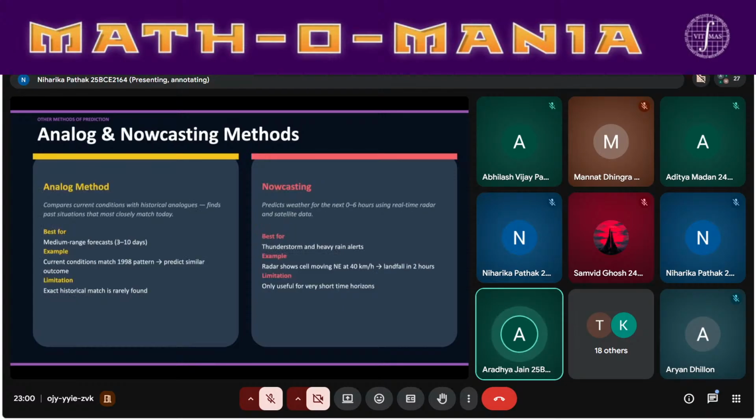There are a few more, like the analog method. Now, this compares the current conditions with historical analogs. What the method does is it finds past situations that most closely match today. Like, it might find, okay, in July 2024 this might have happened. Not exactly that, my bad. But let's say previous month this might have happened, or previous week this might have happened.